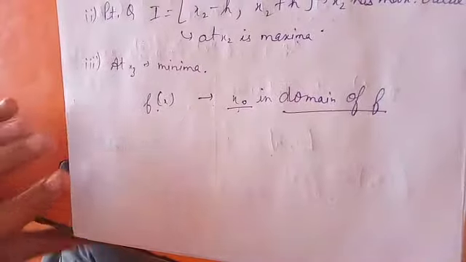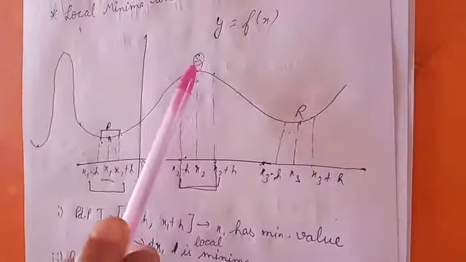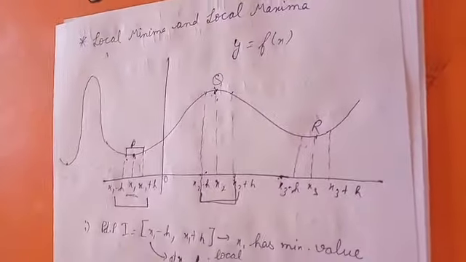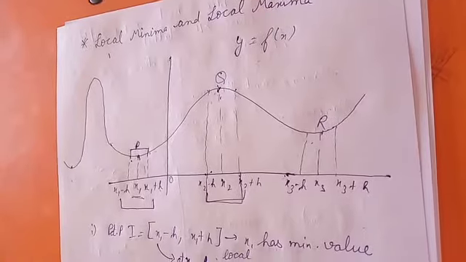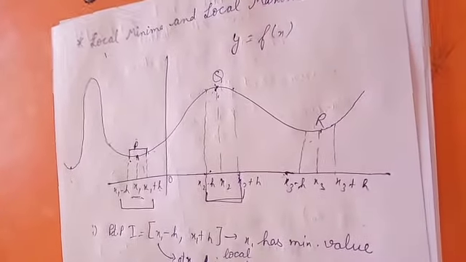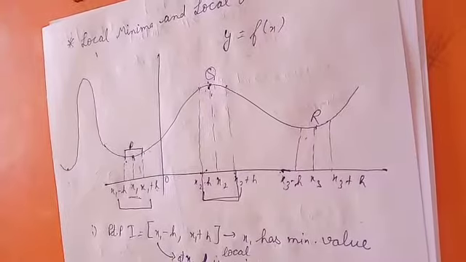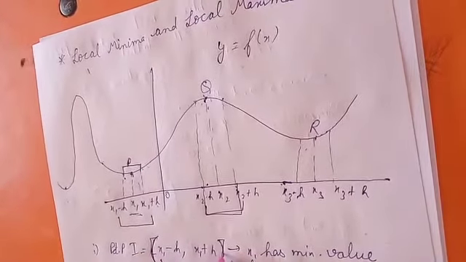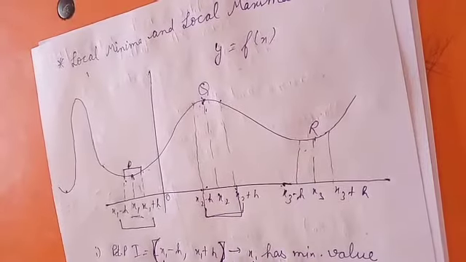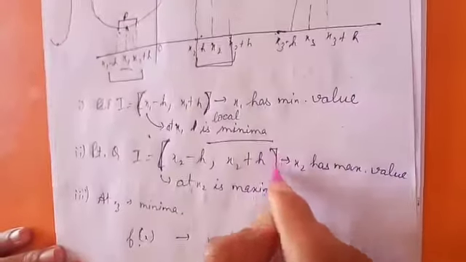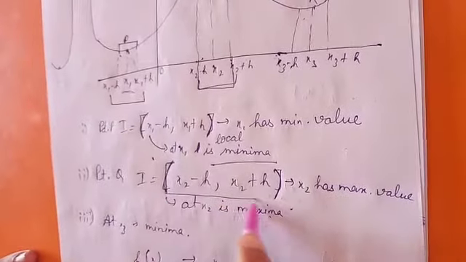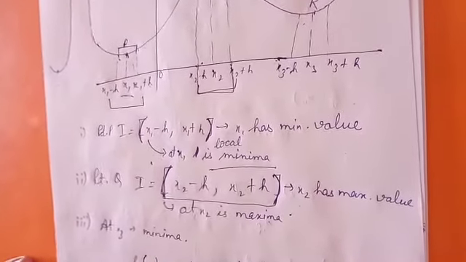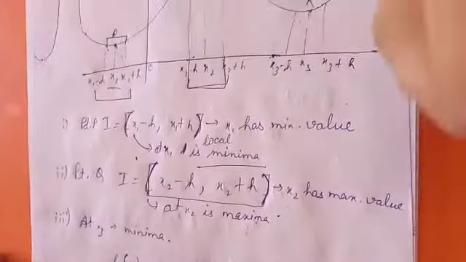Means if we consider this point Q here, then we can say this point Q is a local maximum of f if there is an open interval. If we talk about an open interval, it means we use small brackets, not square brackets. In this interval we are getting f of x.